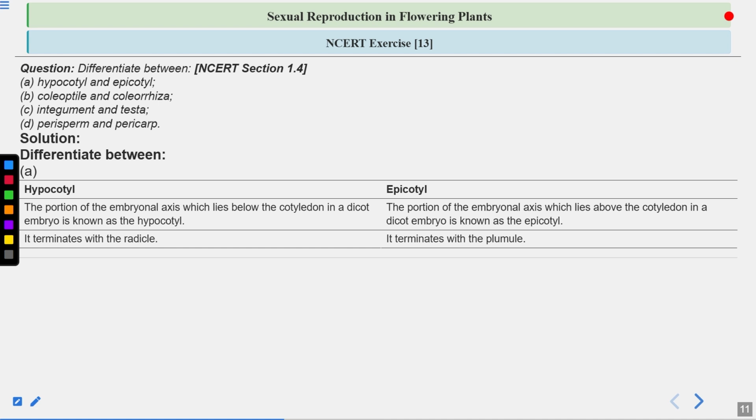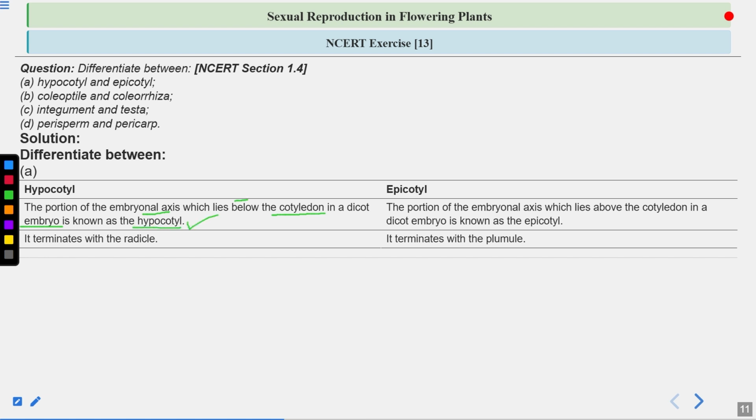The portion of the embryonal axis which lies below the level of the cotyledon, and this you see in the dicot embryo, is known as hypocotyl.